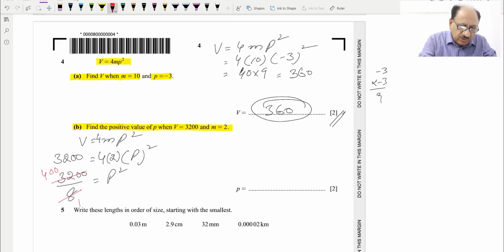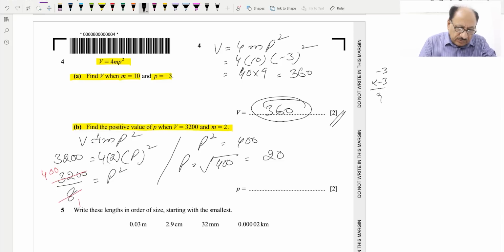So p squared is equal to 400, and p will be equal to the square root of 400, which is 20. They're saying positive value, because with the root we write plus minus, so the positive value we are taking only 20. We will not be writing negative.